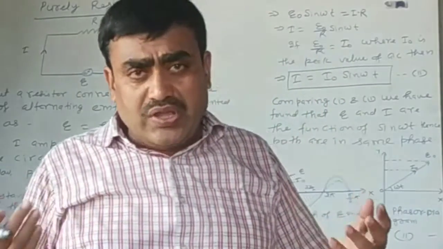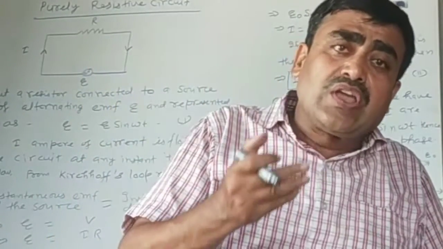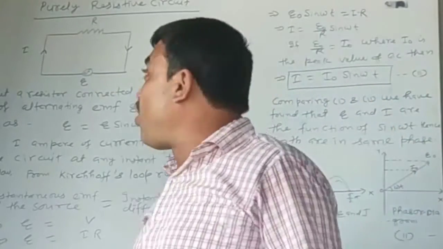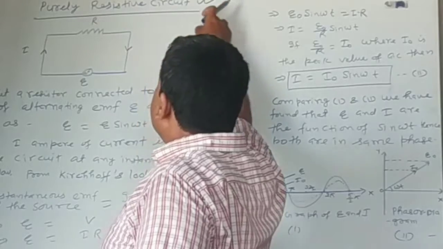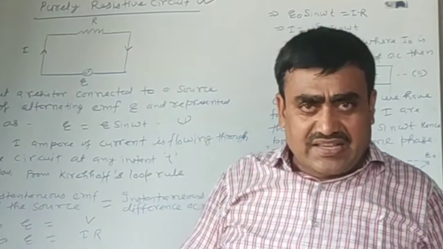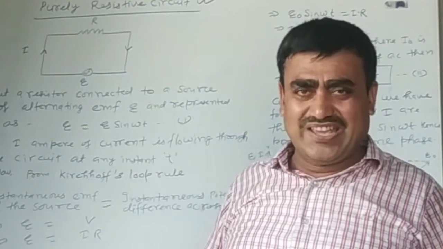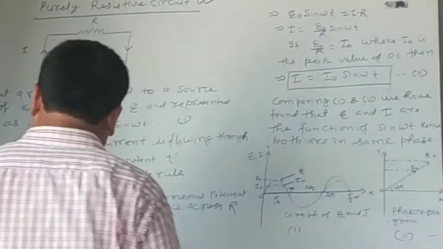Here no inductance is present, no capacitance is present, hence it is called purely resistive circuit. That means an AC circuit which has resistance only is called purely resistive circuit.